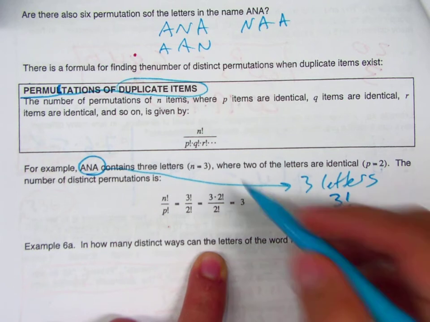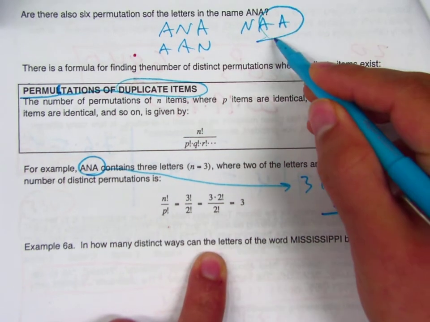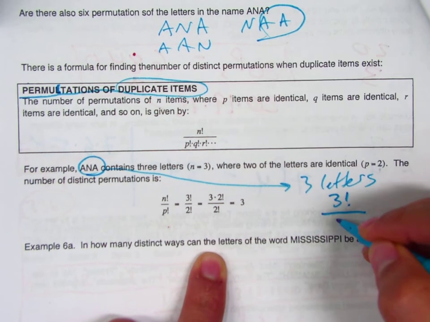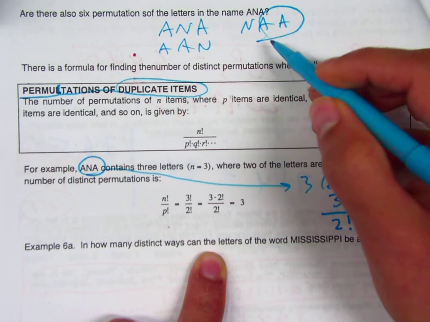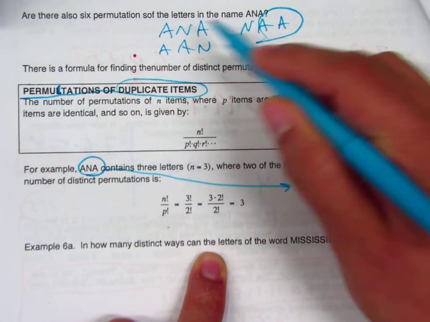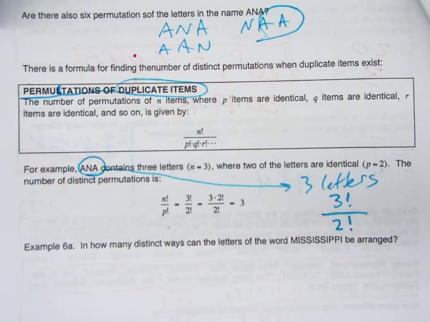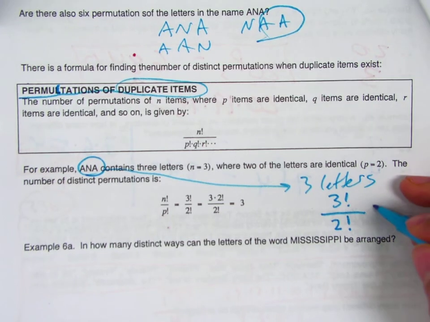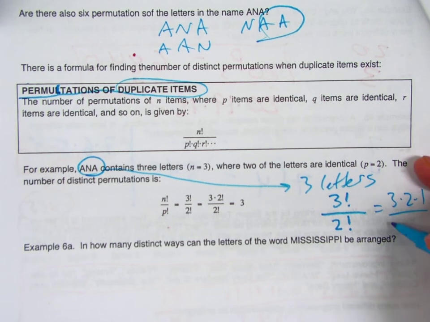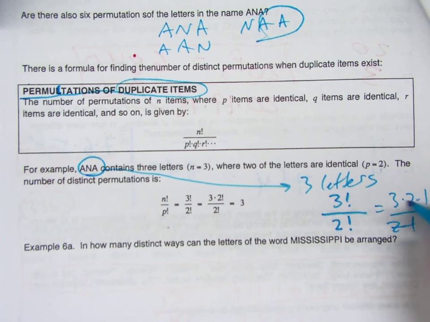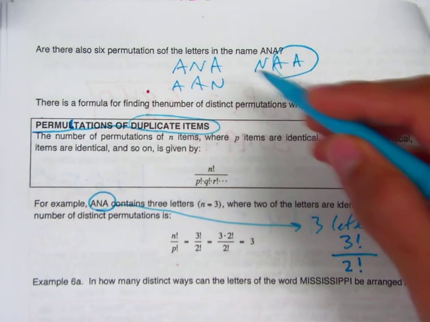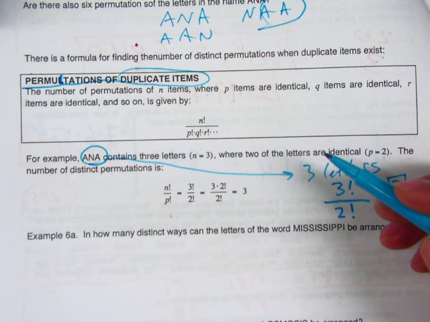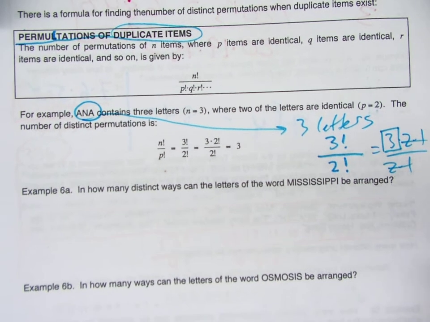But because there are 2 letters that repeat, namely we have 2 A's, you're going to divide by 2 factorial, because that would represent the number of positions that you can put the A's in, and then flip-flop them, and it's the same. Okay? Does that make sense? So what you're doing is essentially 3 times 2 times 1 over 2 times 1, which is just 3, which is the 3 that we figured out up here. Does that make sense?